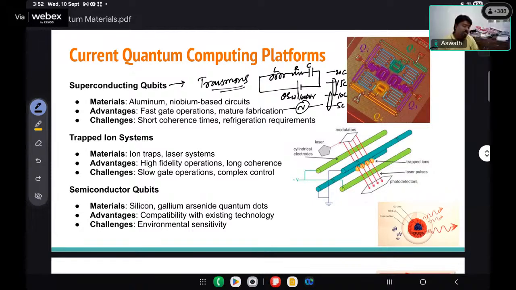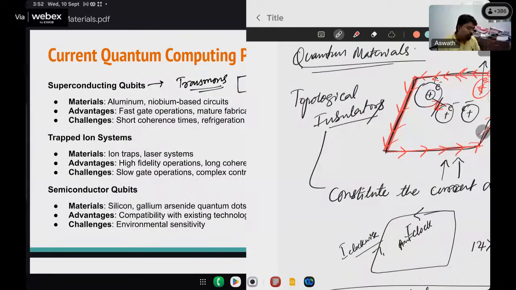So to mismatch the energy separation or charge separation, what people thought is they replace the inductor with a Josephson junction. What is a Josephson junction? There is a superconductor, an insulator, and a superconductor. Let me use my hand notes.